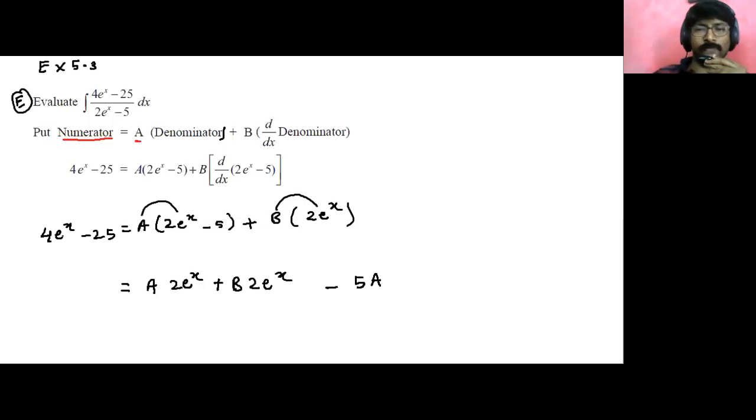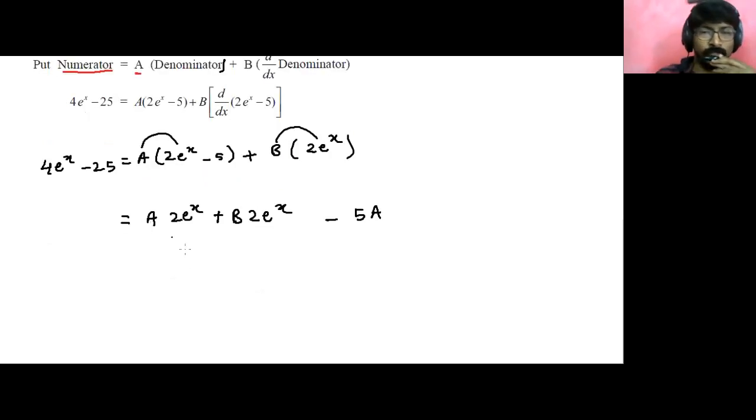Now, if we go on solving, you'll understand. This 4 e power x is equal to, you can copy paste this left hand side over here as it is. Now what is going to happen on the right hand side?